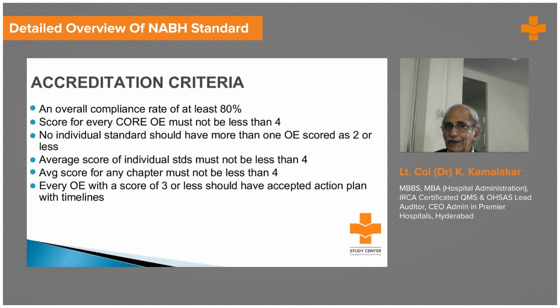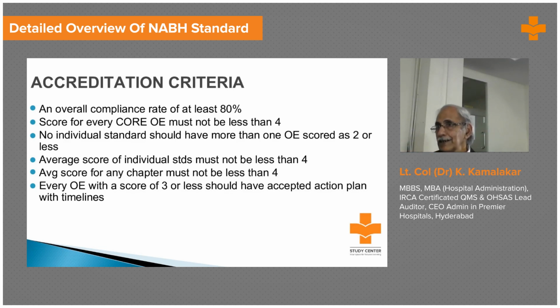Every objective element with a score of 3 or less should have an accepted action plan with timelines. The hospital has to give in writing as to how they are going to improve that particular requirement. Every objective element is a requirement. That particular requirement where they have got a score of 3 or less, they have to give an action plan.